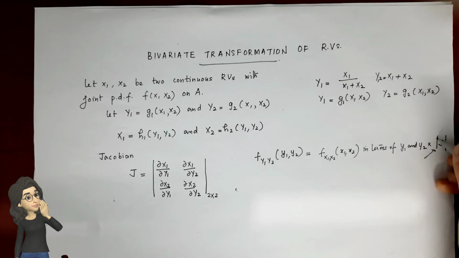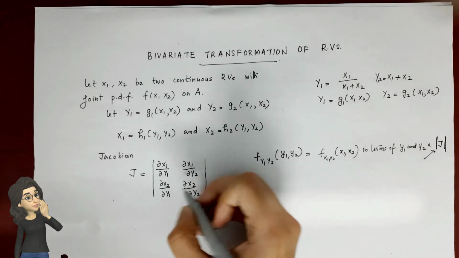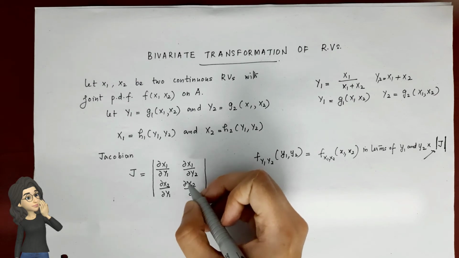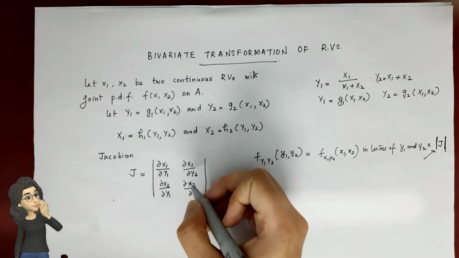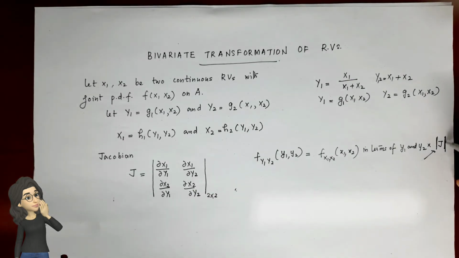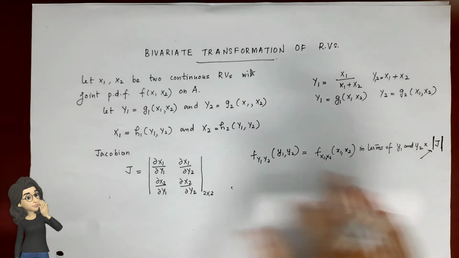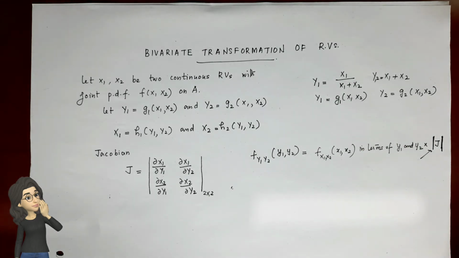One thing to note here is this modulus sign. The determinant might be negative, so determinants are not always positive. So we take the modulus, just as in the univariate case. So this is the bivariate transformation of random variables.